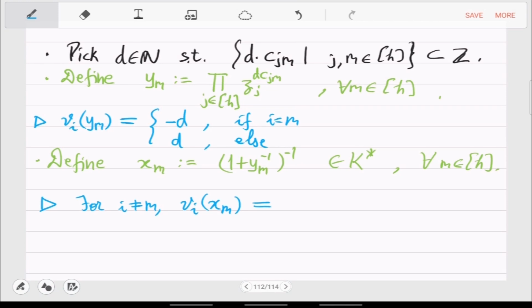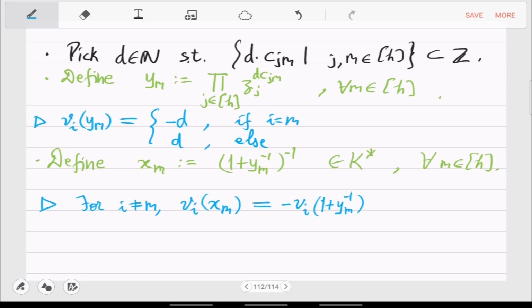So when i is different from m, what happens? Vi of xm is equal to minus Vi of 1 plus ym inverse. And what is the valuation of 1 plus ym inverse? So valuation Vi of 1 is 0, Vi of ym inverse is what?